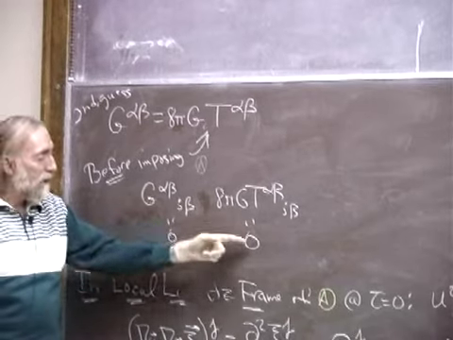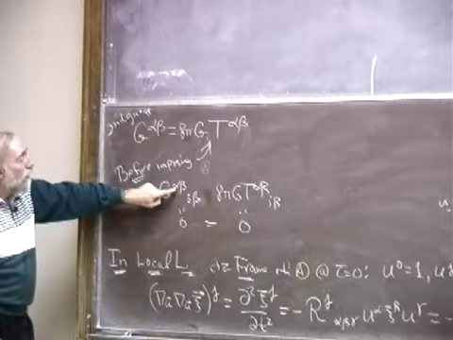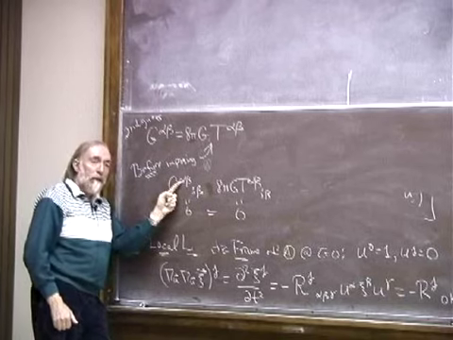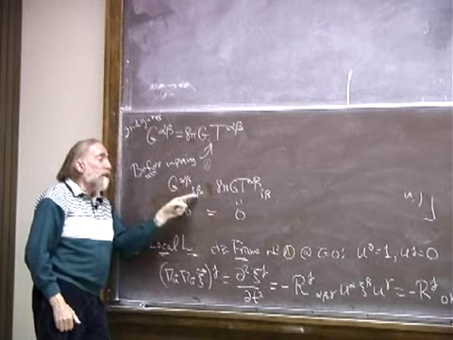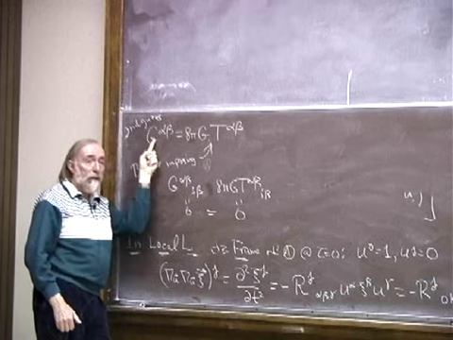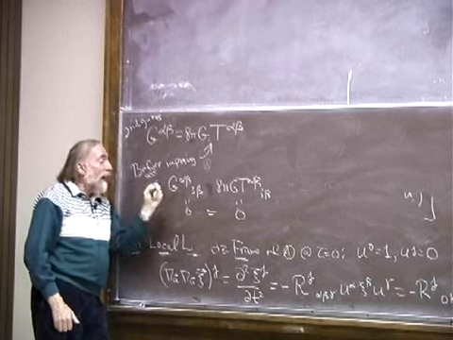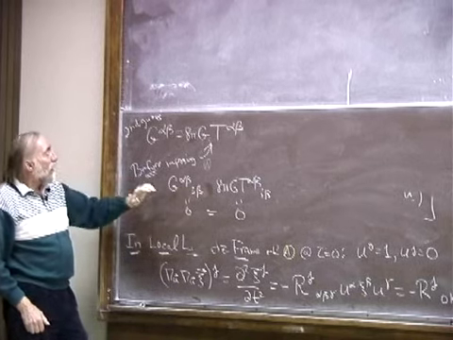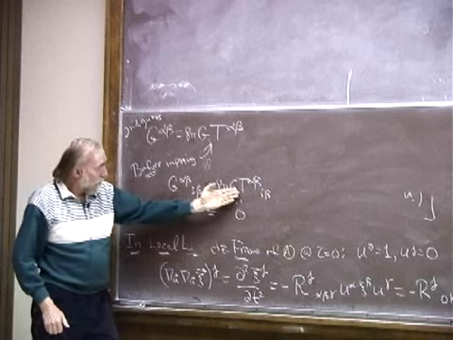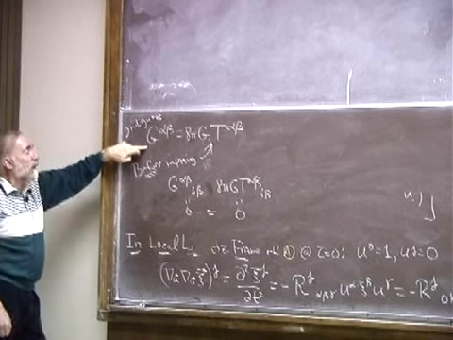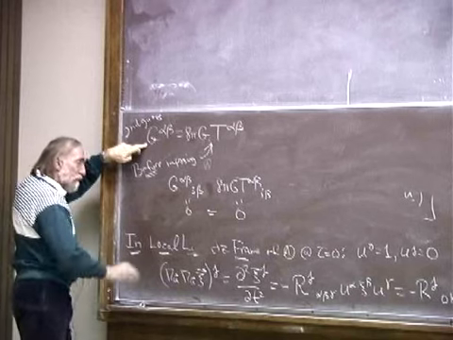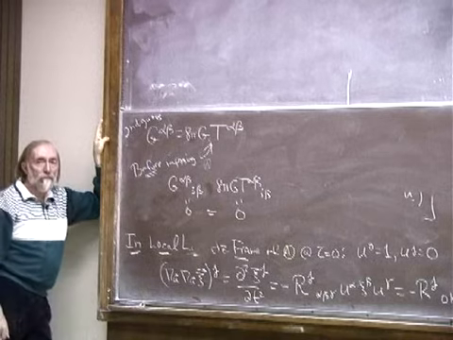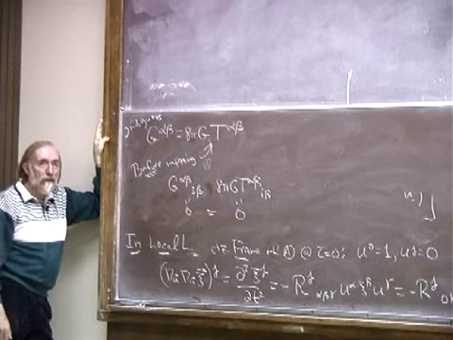This is 0, that's 0, so these are equal to each other. These are 4 equations because there's one free index, alpha. And these are 4 equations that are just derivatives of our proposed field equations. And so it turns out that these are 4 identities that are already satisfied, that the divergence of this is the divergence of that, before you impose the field equations. And those put 4 constraints, which say that the field equations are only giving you 6 new pieces of information. That's what you need in order to have a well-posed theory.